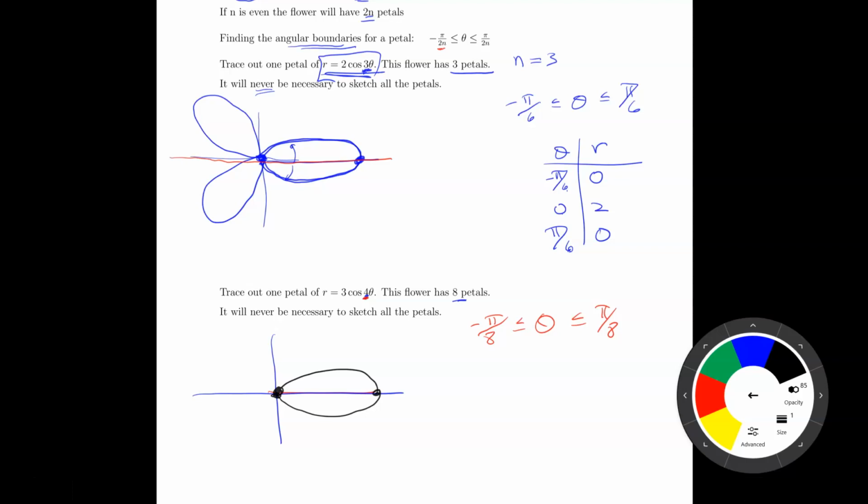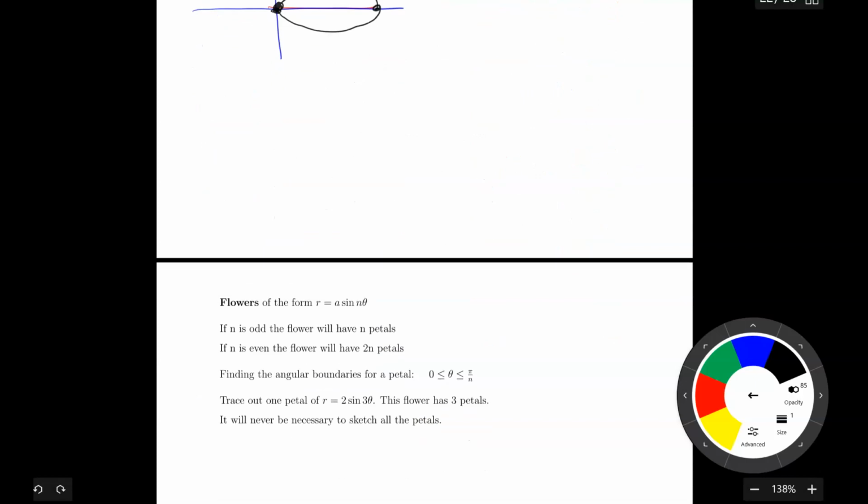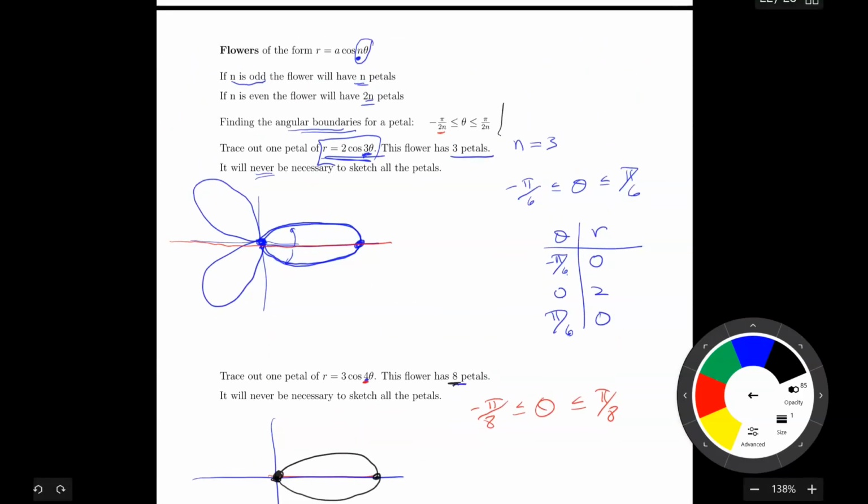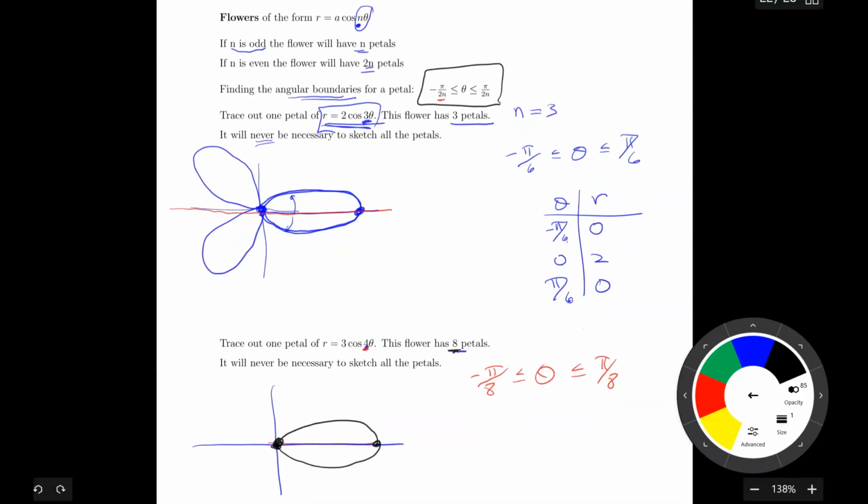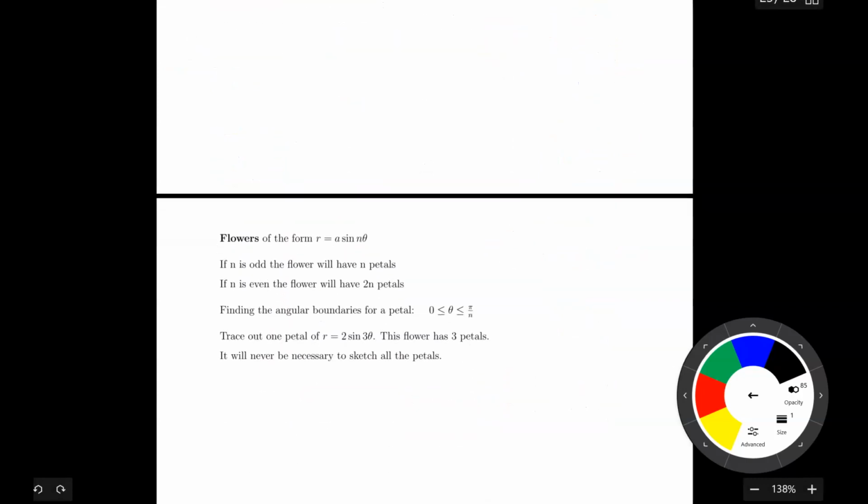So they'd be much smaller than this because I'd have to fit 8 petals all the way around here. I'm not going to even attempt to draw it, but that would be what would happen. Okay, so this is something you'll want to have starred so you know how to get to it and use it.